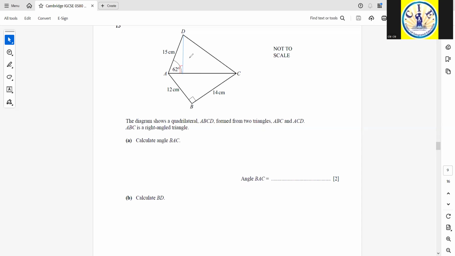And now we need to find out this distance. So for part C, we have got the angle and the opposite side is what we need to find out. And we are given the hypotenuse, that is the side opposite to the 90-degree angle or the right angle.